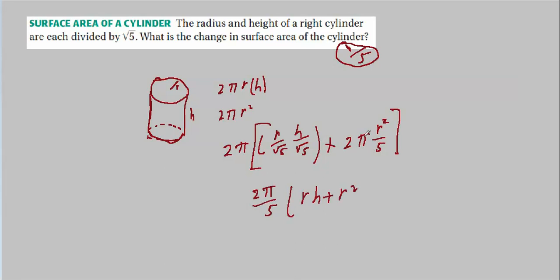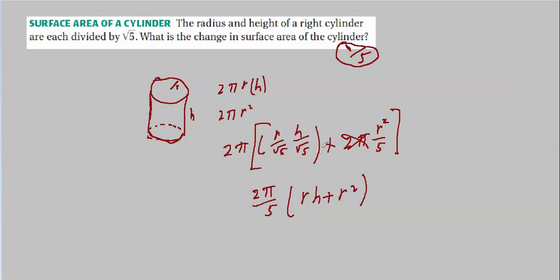And that 2 pi shouldn't be there, sorry. It's 2 pi times r squared over 5 and rh times the square root of 1/5 and the square root of 1/5 down here. Well, 2 pi times rh plus r squared, that's the surface area for a cylinder.